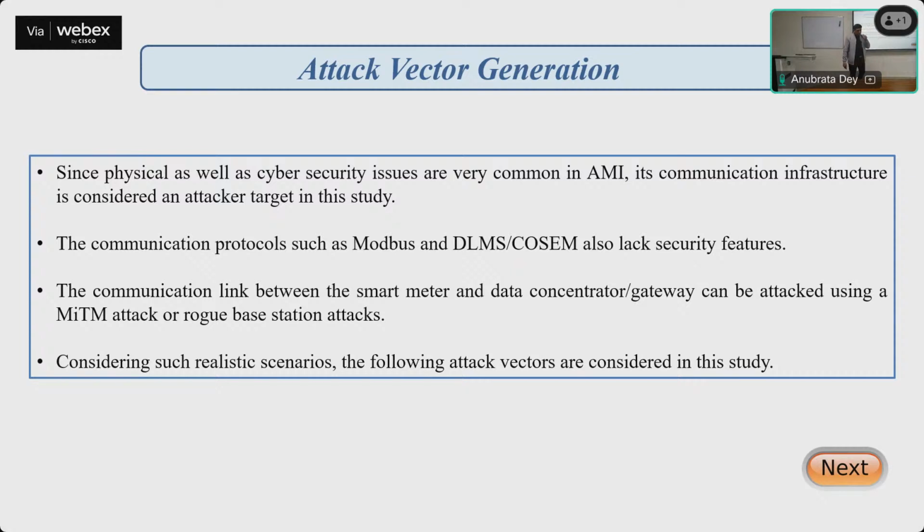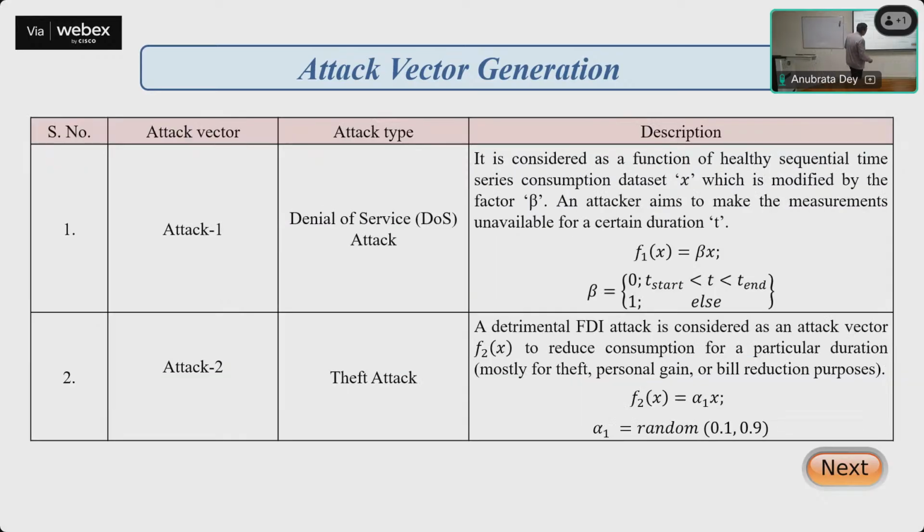Once we have this data, we have created some simple attacks. For that you can just write the code. Let's say I want to create a denial of service attack. I have written some function of, let's say, beta x, where x is my data which I have obtained after resampling and denoising.